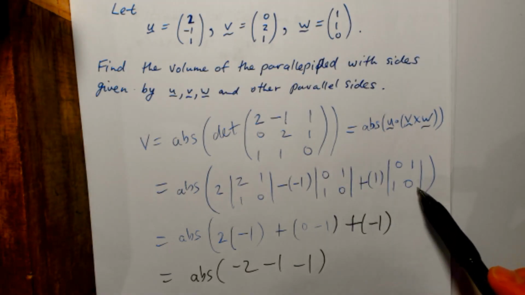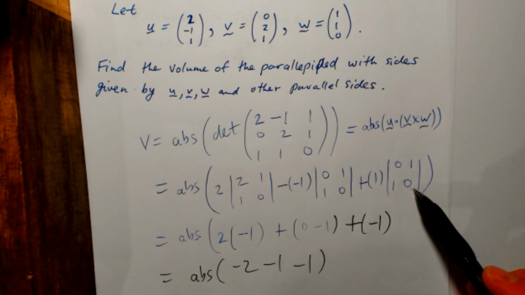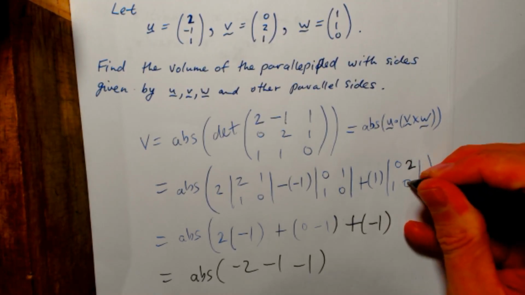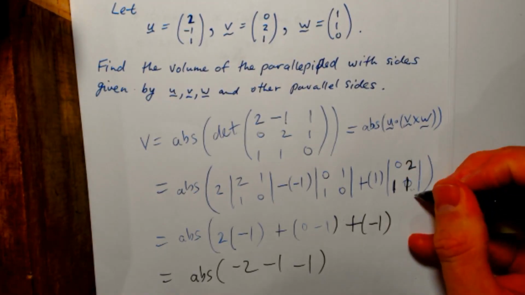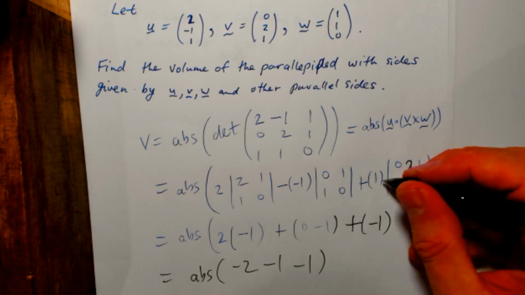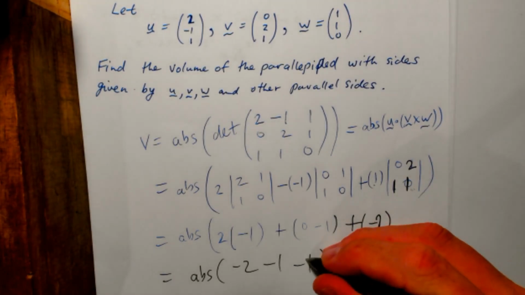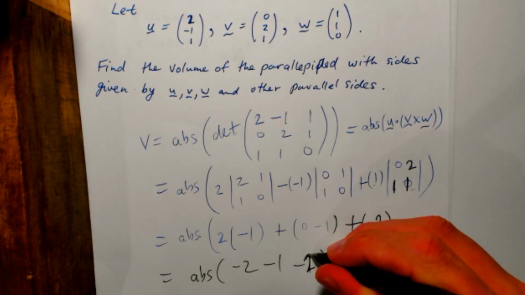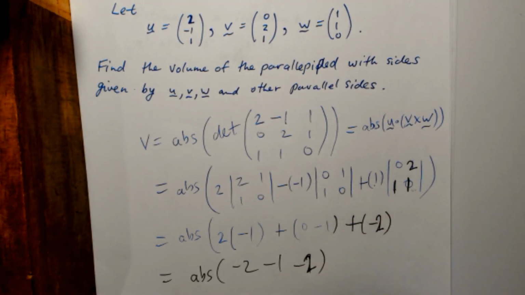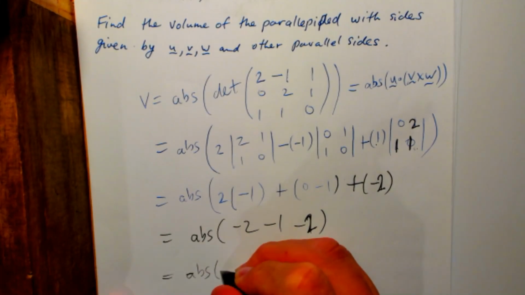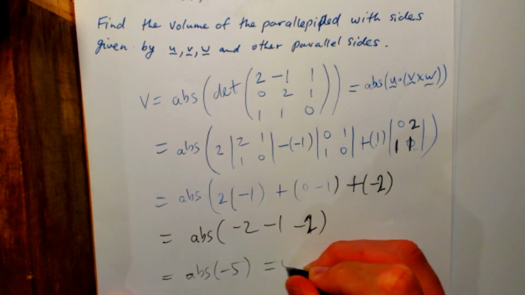Yeah, this last one's wrong, isn't it? 1 times, yeah, so 0, 2, 1, 1, there we go. Okay, so that's then 1 times, that'll be minus 2. That'll be minus 2. Okay, so this is the absolute value of minus 5, which is equal to 5.